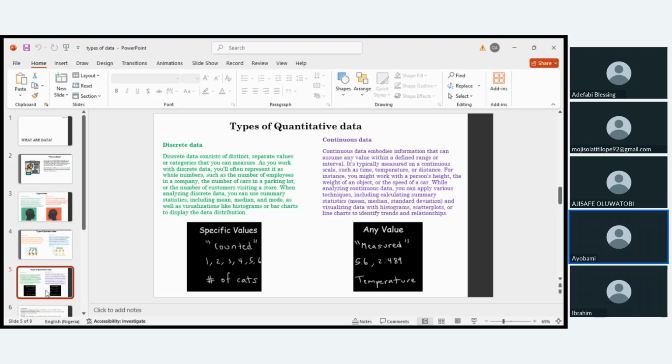That's another way you know it. You don't get whole numbers. It can be measured, and whatever you are measuring is within a fixed range. That's when we are talking about continuous data.